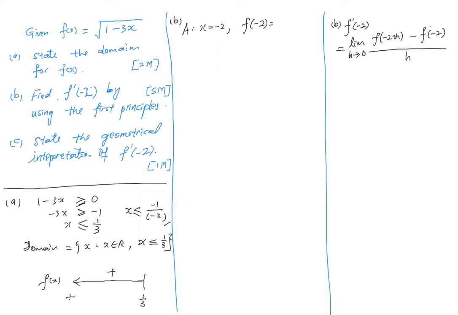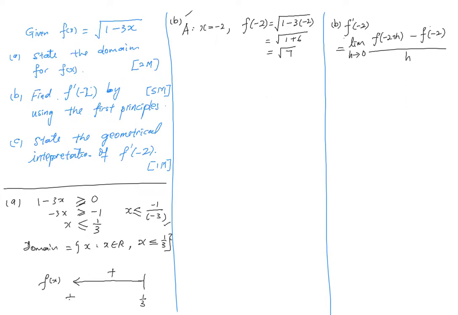So this will be the square root of 1 minus 3 times -2. You have to know negative times negative gives positive. So this will be the square root of 1 plus 6, so the square root of 7. For those who need to do it step by step like that, you better use this method, because you've got 10 minutes to do.